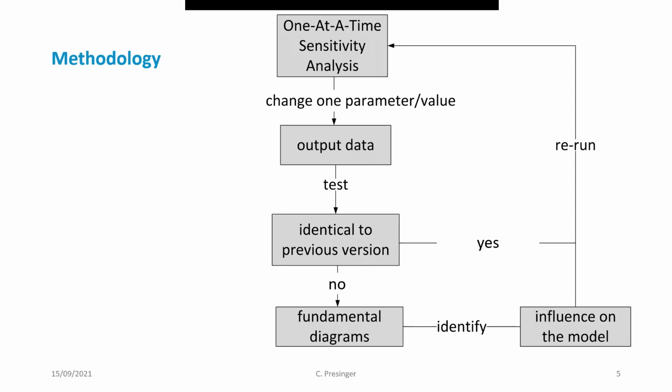So I checked, was there really a change in the output data when I changed the value, or was it not? And when there was a change in the value, I tried to identify how the model was influenced.